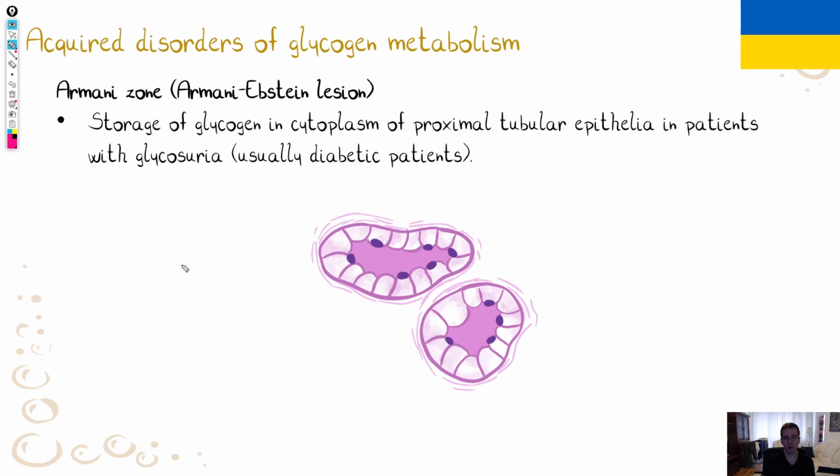And Armanni zone means storage of glycogen in the cytoplasm of proximal tubular epithelia due to glycosuria. So it's something similar to hyaline droplets in proximal renal epithelia in patients with proteinuria. And in this condition, the proximal epithelia are pale because they are stuffed with glycogen.